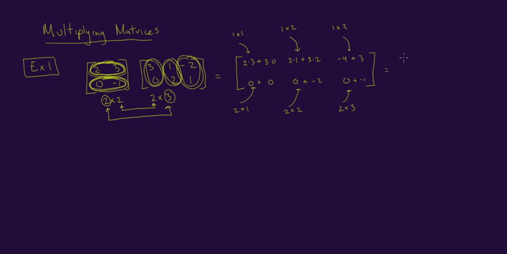So the final answer, once we've done all of the arithmetic: 6 plus 0, 2 plus 6, -4 plus 3, 0, -2, -1. And that's how you multiply matrices together.